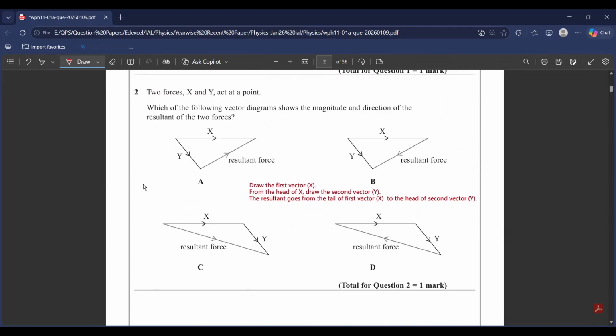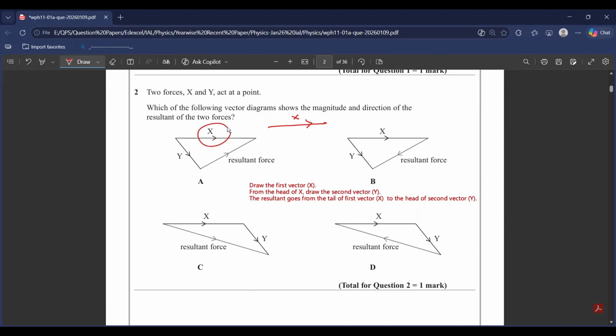Next, we have a vector diagram. Two forces, X and Y, act at a point. Which of the following vector diagrams shows the magnitude and direction of the resultant of the two forces? So whenever we have this head to tail vector diagram, there is always a rule that we have to follow. You start with your first vector. So we draw our first X vector.